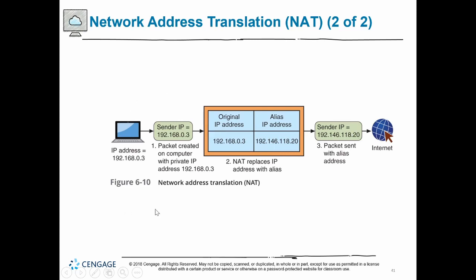And everyone inside your network will use an IP address within the 192.168.0.0 range, or the 10.0.0.0 range, or 172.16, right?